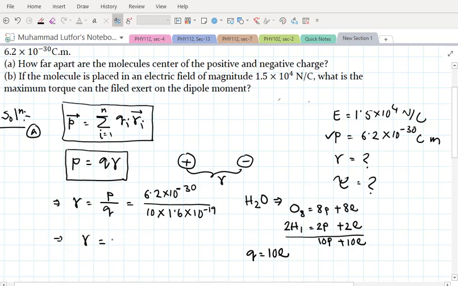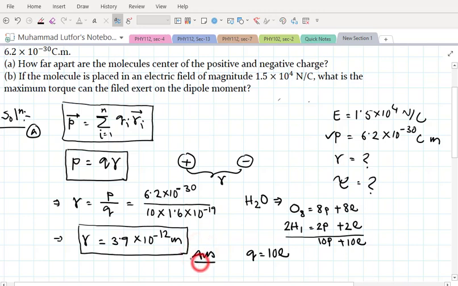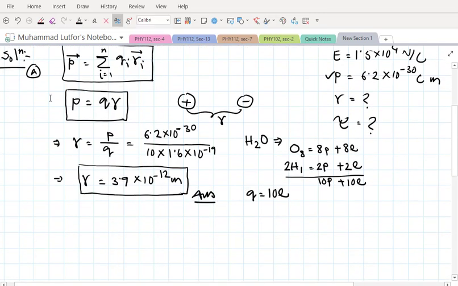If you do that calculation, you will find r is 3.9 × 10^-12 meters. So that is the distance between the positive and the negative charge inside that water molecule in the vapor state.